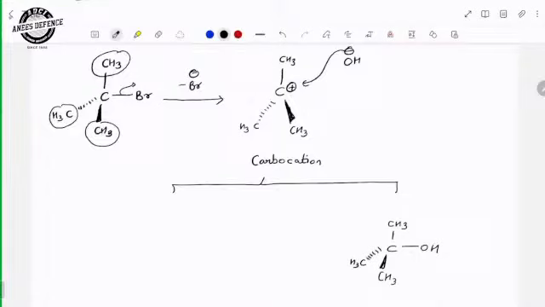So this is my first possibility. The next possibility is that OH minus will attack the carbon atom from the back side. Why? Because in this transition state there is no sort of blockage, because they have aligned themselves. So my second possible product would be somewhat like this: OH.